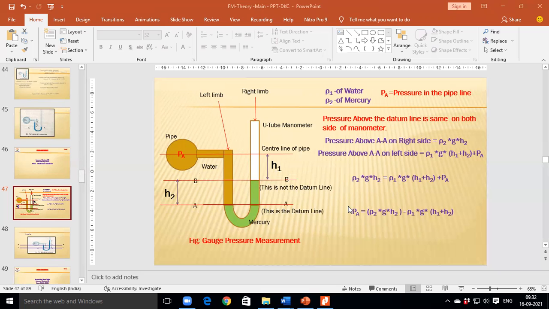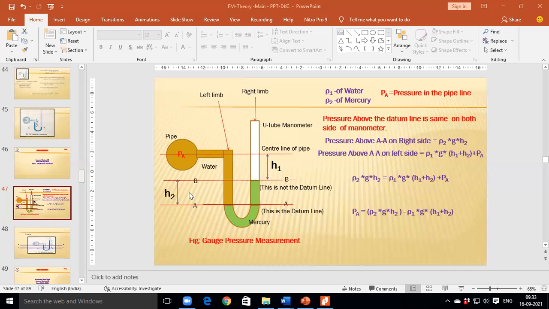If there is no pressure inside the pipeline, is the level of mercury in the left limb and the right limb at the same level or at different levels? If there is no pressure inside the pipe, is the level of mercury in the U tube at the same height or different height?